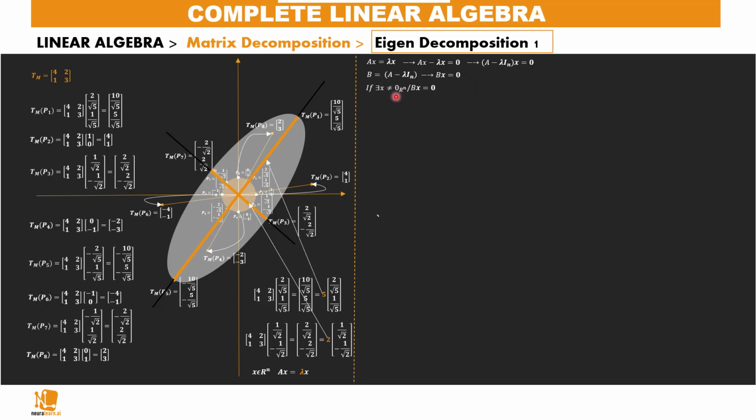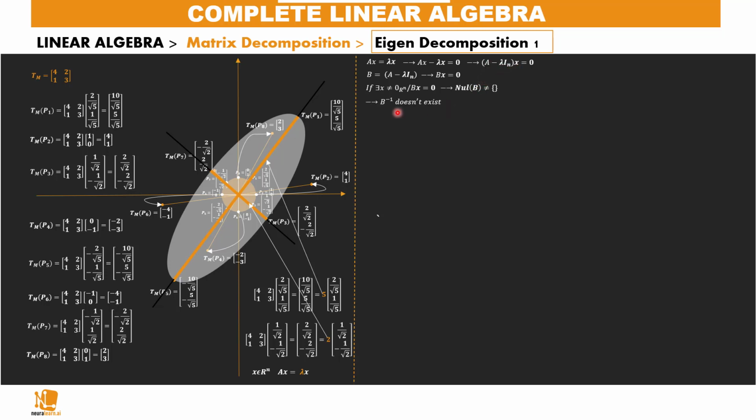And if there exists an x different from the 0 vector where Bx is equal to 0, it means this B has a null space which is different from the empty set. So x is part of the null space of B, with B equals A minus lambda In.